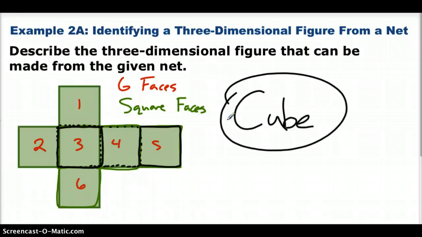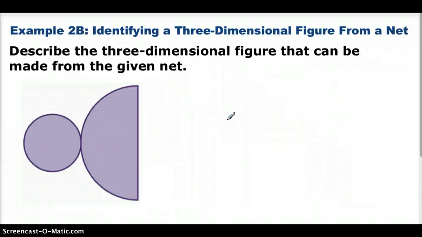Let's look at a couple more. It says describe the three-dimensional figure that can be made from the given net. We have a circle and a semicircle here. We have one circle, and part 2 we'll call a semicircle or half circle.